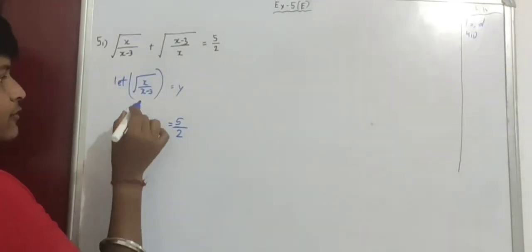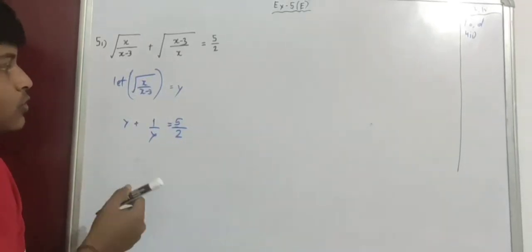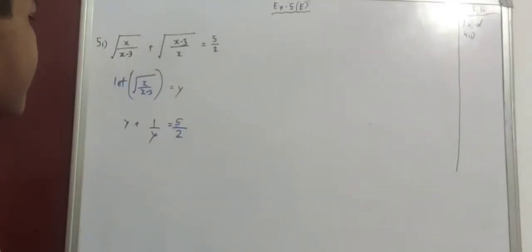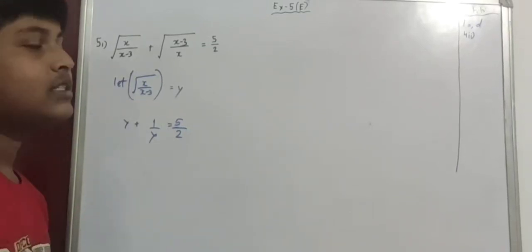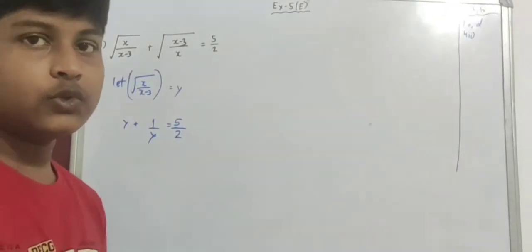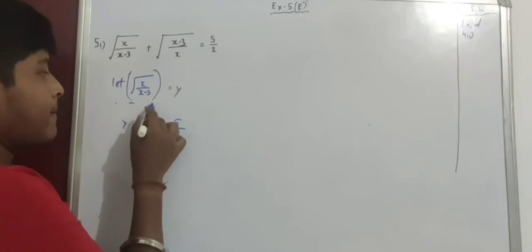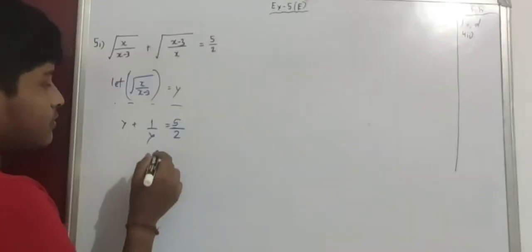So friends, the advantage of taking it as let y is that your calculations become very easy, and we can solve it later when the calculation is reduced. So that's why it's an advantage to take it like this. Now take the LCM.